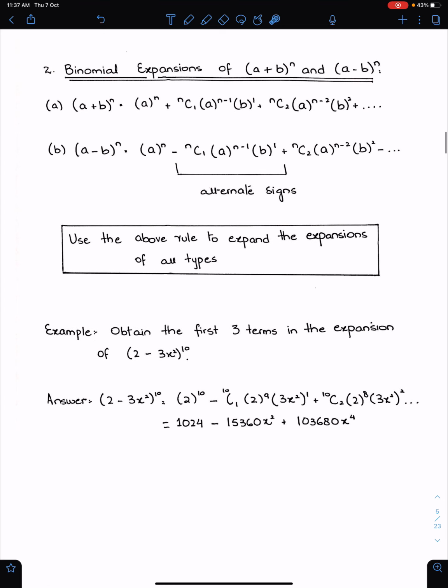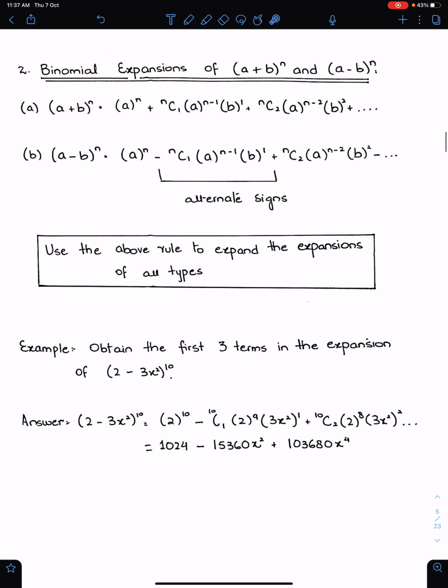Now binomial expansions of (a + b)^n and (a − b)^n. So if we have this expansion, we can expand this in this way. First term with this number as the power. Then since this sign is plus, so all signs are plus. nC1 and first term with this power n minus 1.